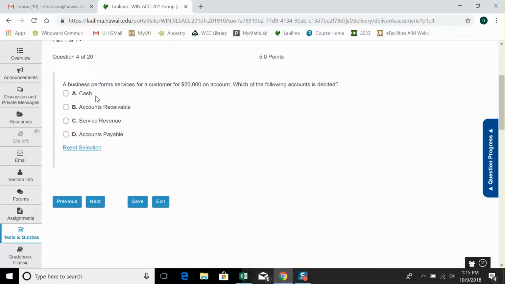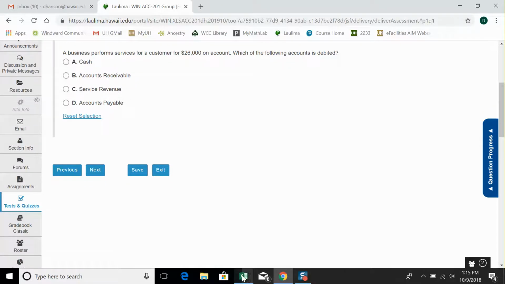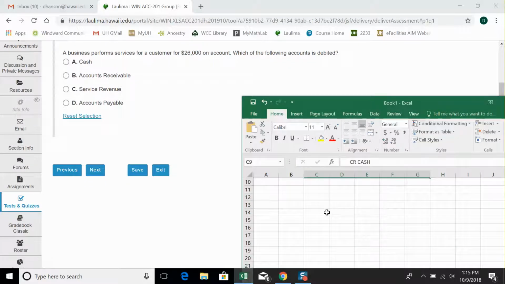Now it says a business performs services for a customer for 26,000 on account. Which of the following accounts is debited? Okay, so again, it might be helpful for you to diagram your whole journal entry, just so you're sure, right?